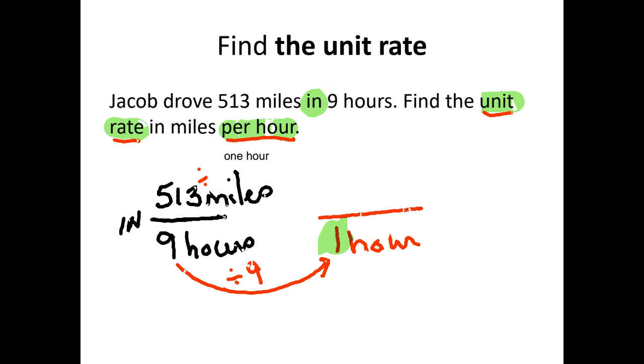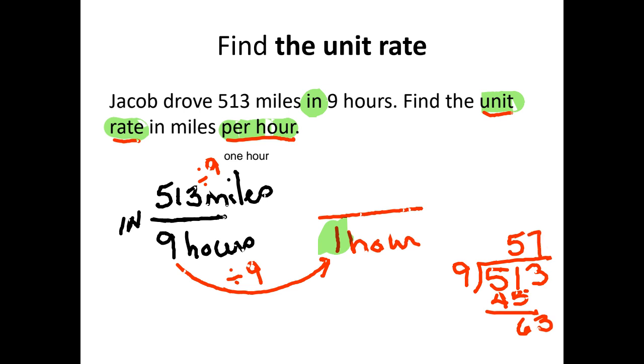Well, for some of you who had a little trouble with division, I'm going to come over here. This is 9 into 513. This is 7. The answer up here is 57 miles.